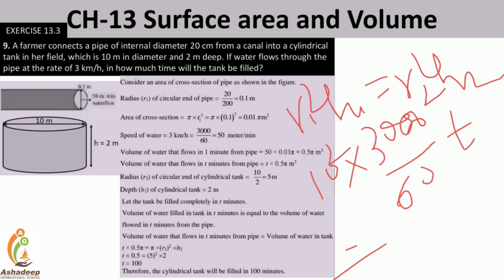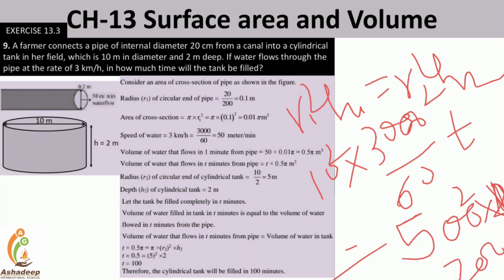R2 is 5 meters, which we need to convert into centimeters, multiplying by 100, so it is 500 squared, multiplied by 200.